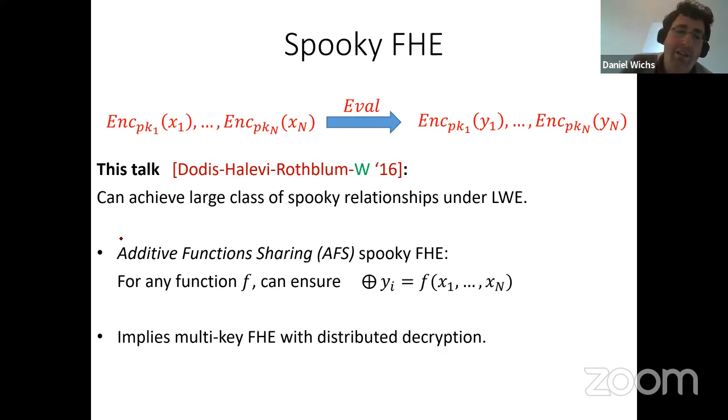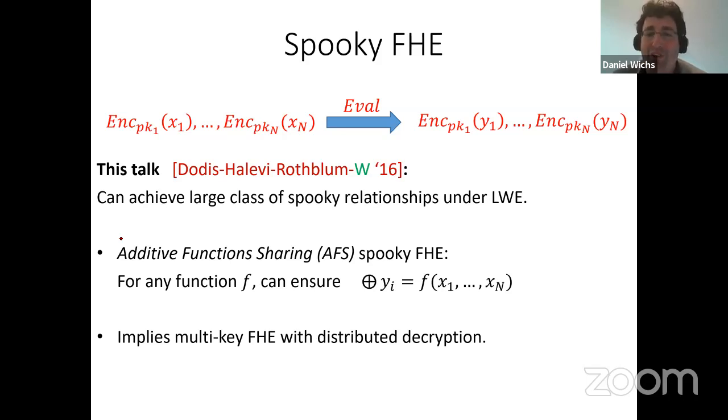Okay, and so this is one answer to Noah's question. It turns out that spooky fully homomorphic encryption, you can think of it as a very special type of multi-key FHE with a really easy distributed decryption. If I think of the encryptions of Y1 up to Yn as one ciphertext generated by the multi-key FHE, then it has a really easy way of decrypting in a distributed manner, where the first party just decrypts the first component and outputs Y1, the second party Y2, and so on.